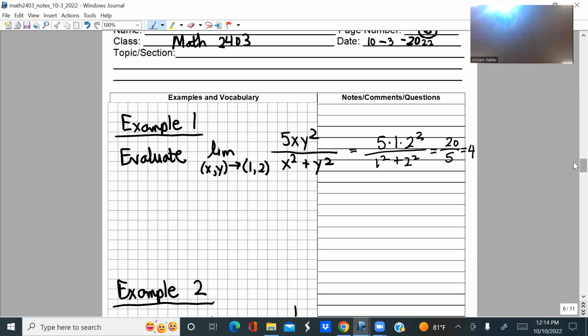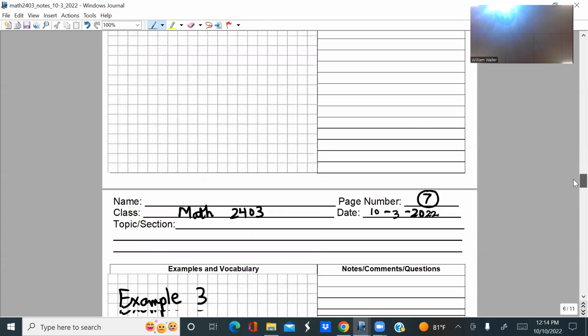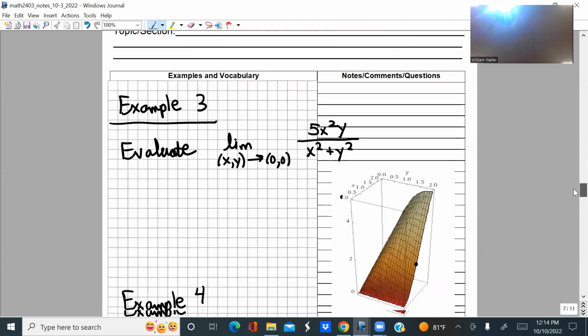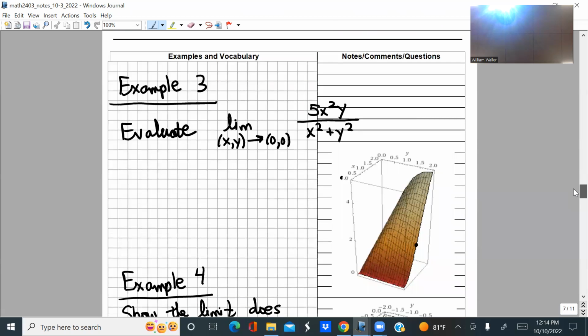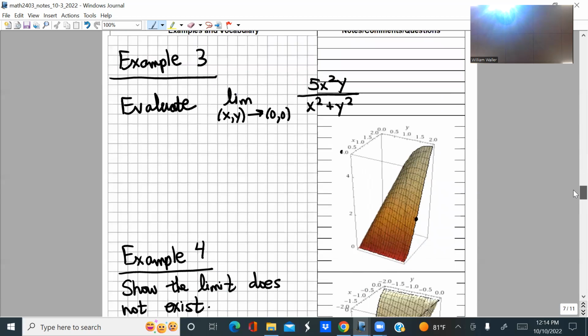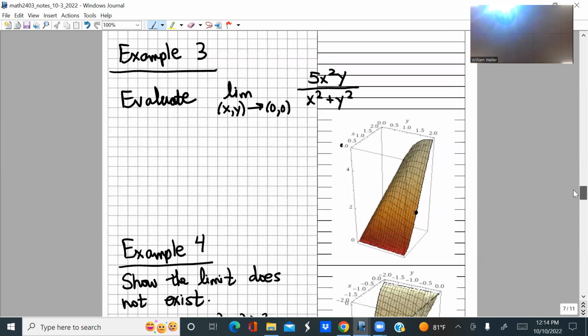I do have a picture of this, I think. It's not a very good picture though. I think this is the graph of that function, 5x squared y over x squared plus y squared. Can we find the point (1, 2)?